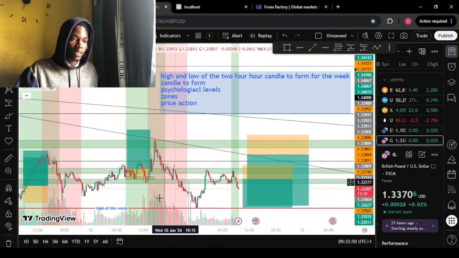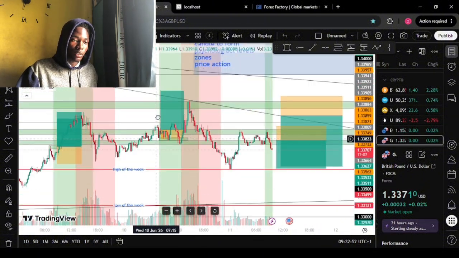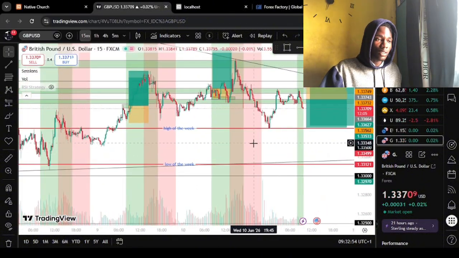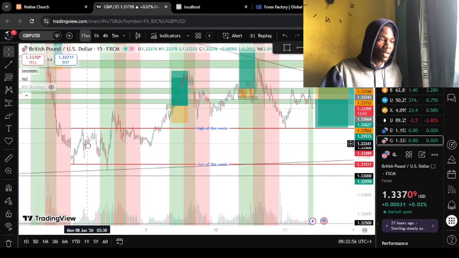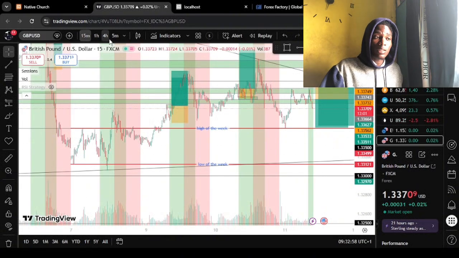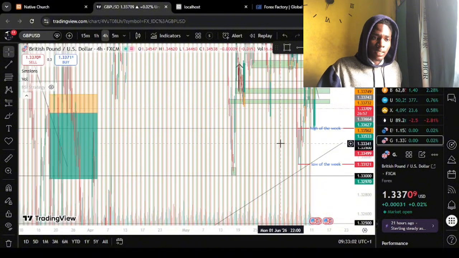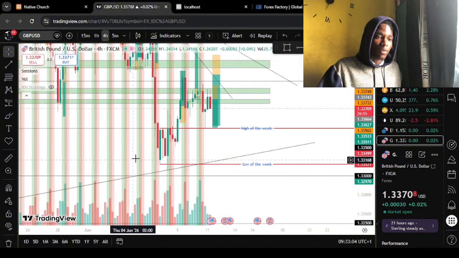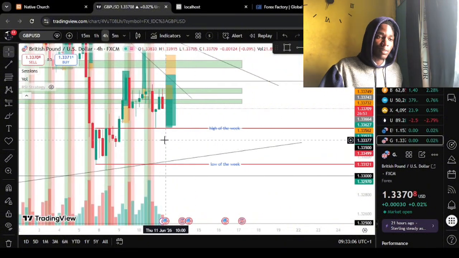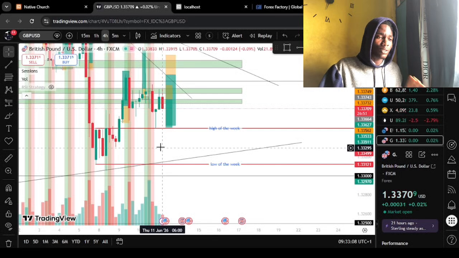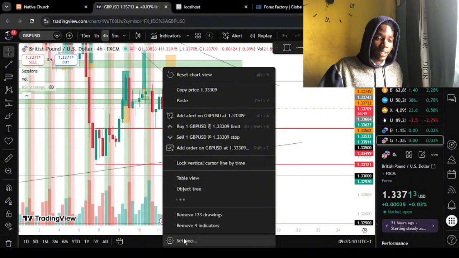Let me give an illustration. For example, this week that we are currently on, I do that on the 4 hour time frame. The first thing I do is toggle on my period separator. How do I do that?